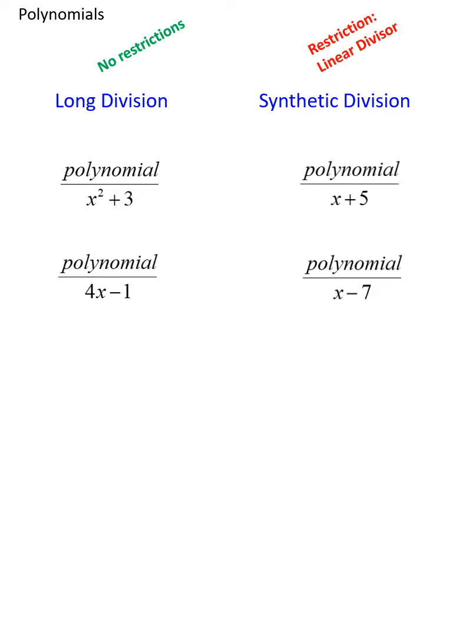So in summary, long division can be used on all problems, but I recommend when your denominator is x plus a number or x minus a number, you might find the synthetic division shortcut worth your while. And that completes the lesson.